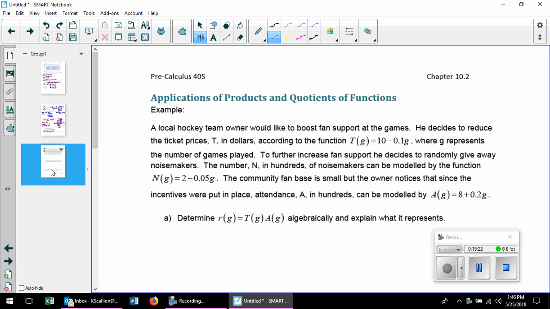The community fan base is small, but the owner notices that since the incentives were put into place, attendance A in hundreds can be modeled by that. All right. Determine R of G if R is T of G times A of G. And then we got to algebraically explain what it means.